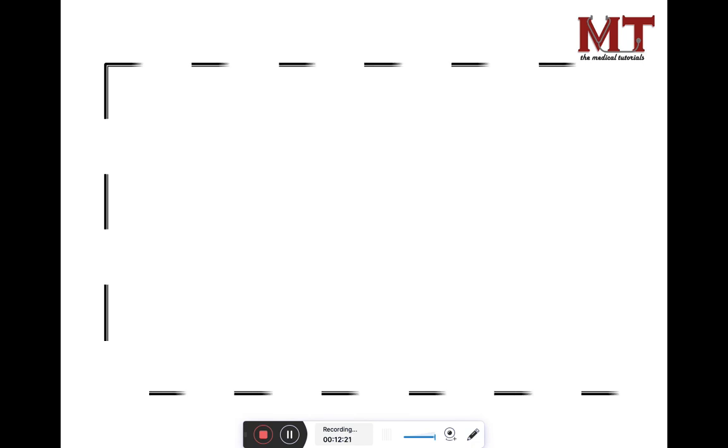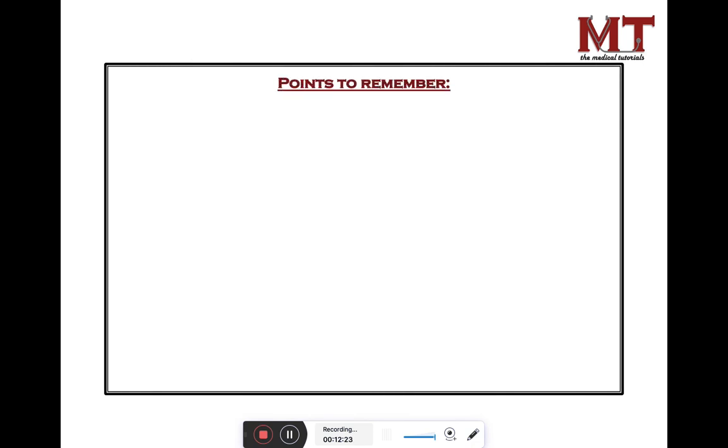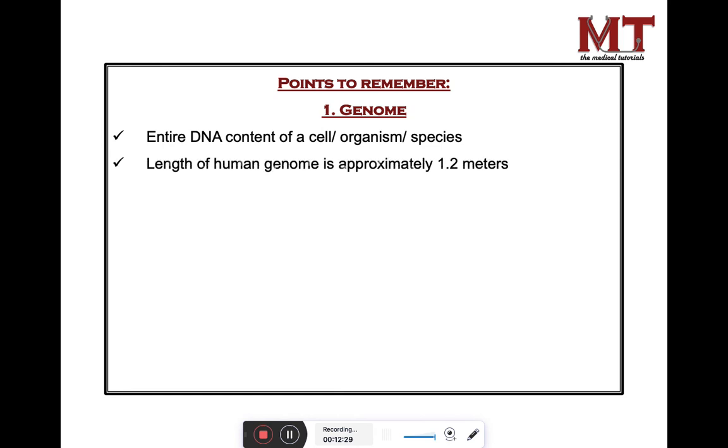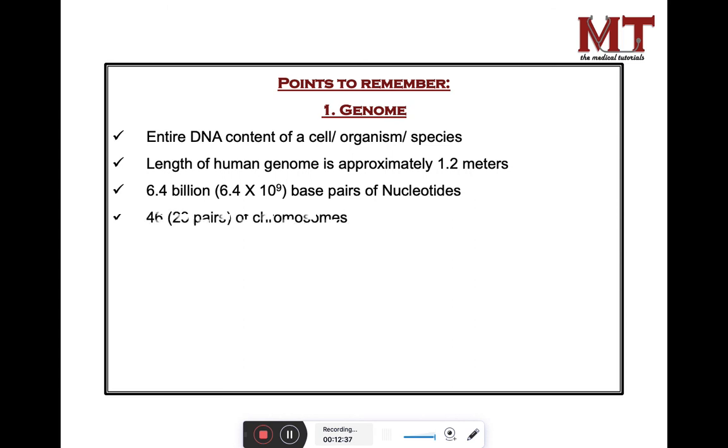Before concluding, let us quickly recapitulate what we discussed in this lecture. The points to remember: genome, the entire DNA content of a cell or organism or species. The length of human genome is approximately 1.2 meters. In terms of base pairs, it is 6.4 billion base pairs. And it is divided into 46 segments of chromosomes, that is 46 chromosomes.